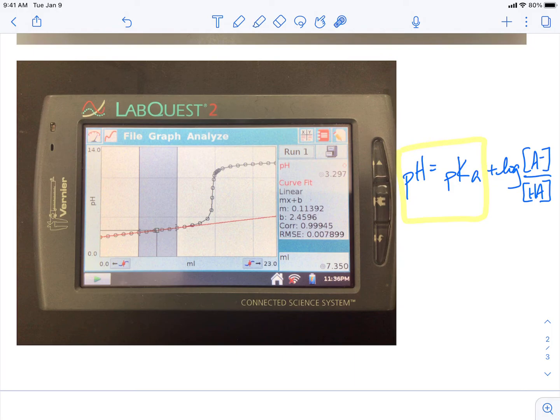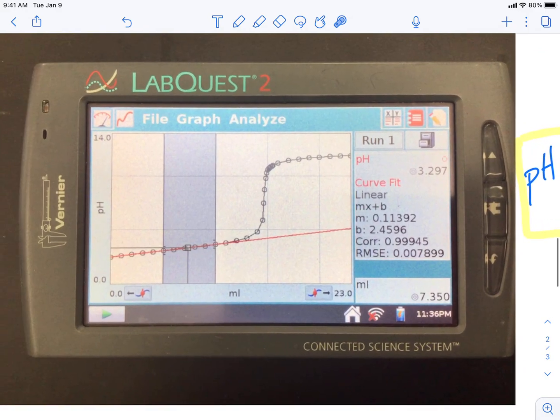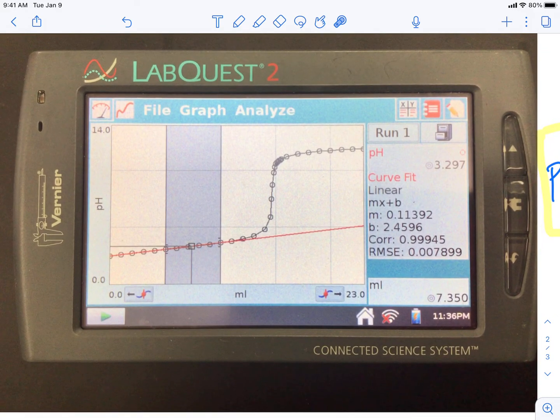So what I did in order to find out what the pH is on my graph halfway to the equivalence point, I needed to find a value of about 7.35. I didn't have a data point for that because I was adding 1 milliliter at a time.